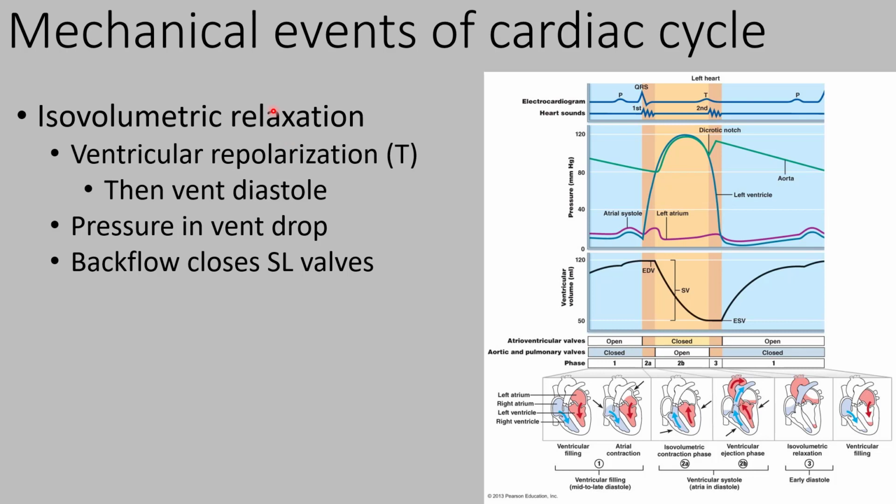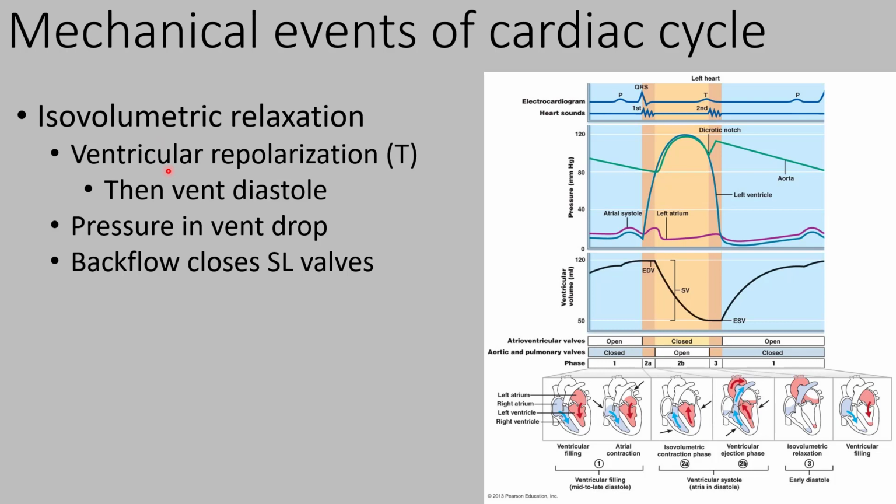What this means is the ventricles are relaxing, but the volume of blood inside of them is not changing. So let's see what this actually means and what's happening. We have just previously filled the ventricles with blood and then ejected blood from the ventricles. There's a little bit of blood left in each of those two ventricles.